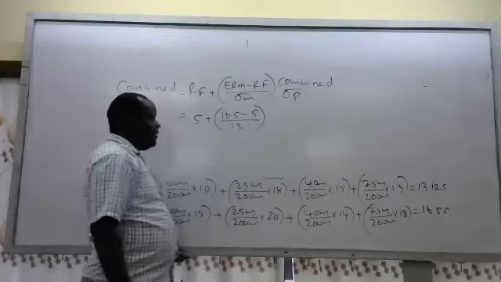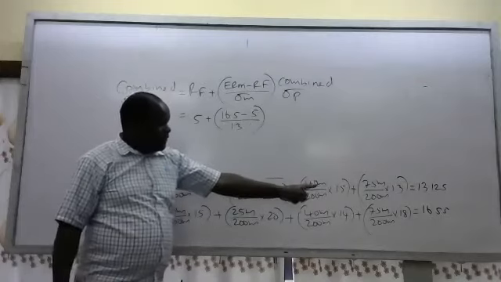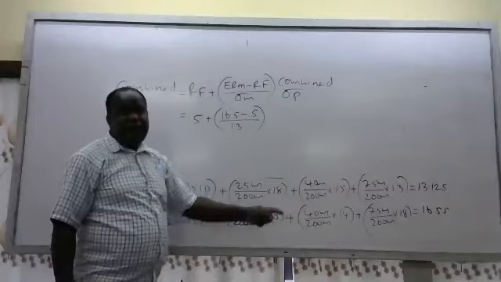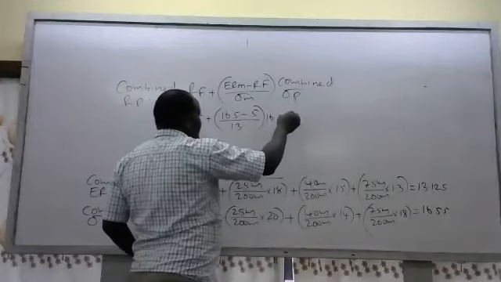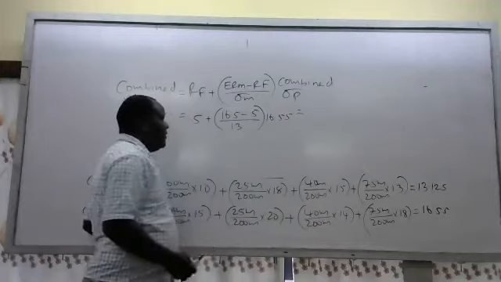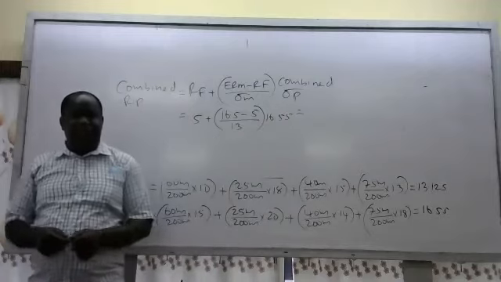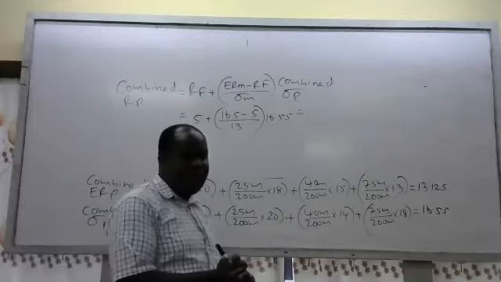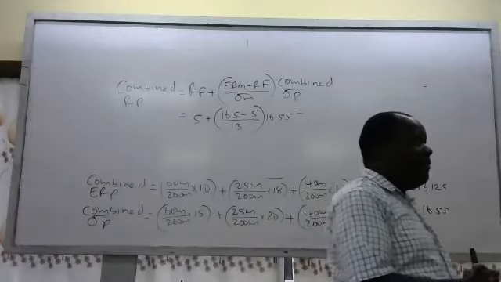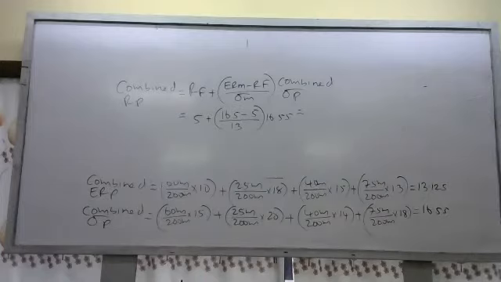Now the combined standard deviation is 16.55. So that should give us the combined expected returns of the portfolio.